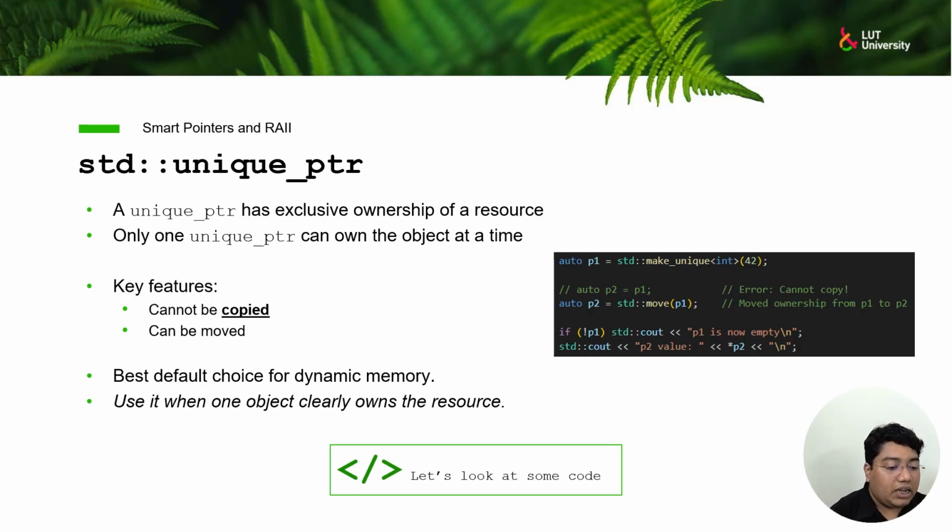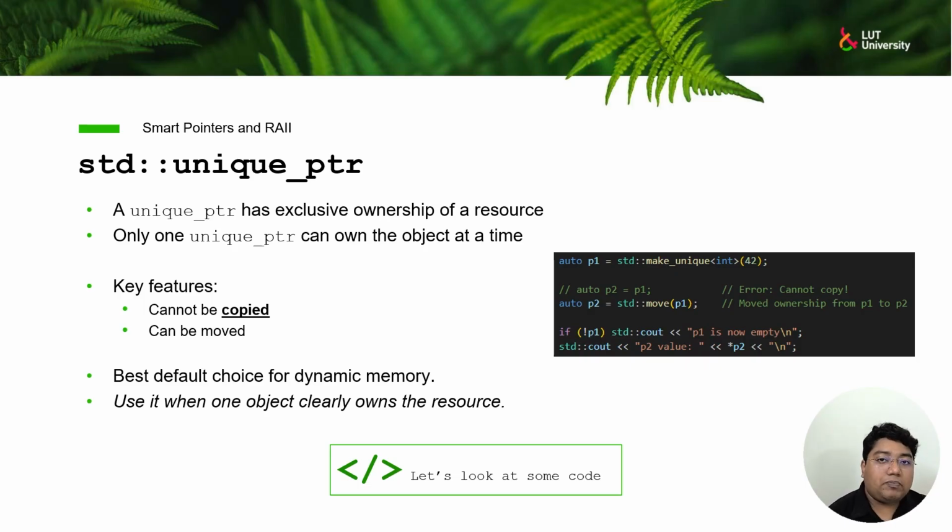If we copied a unique pointer, we would suddenly have two objects claiming they both own the same memory. Then both destructors would eventually try to delete it. That would be a disaster. So, C++ simply prevents copying altogether.